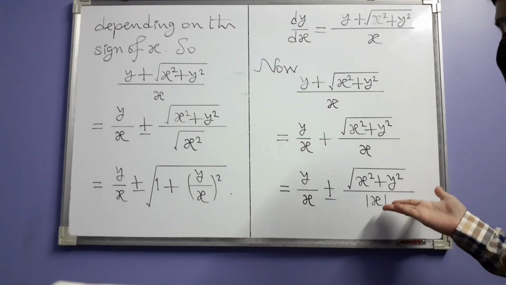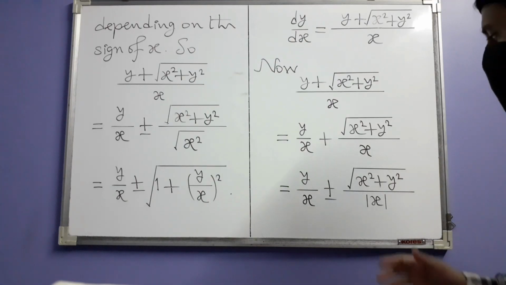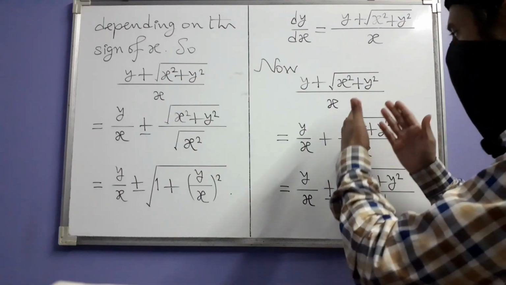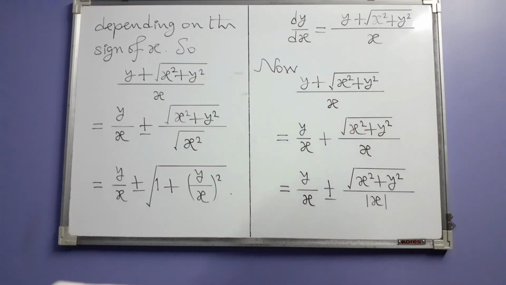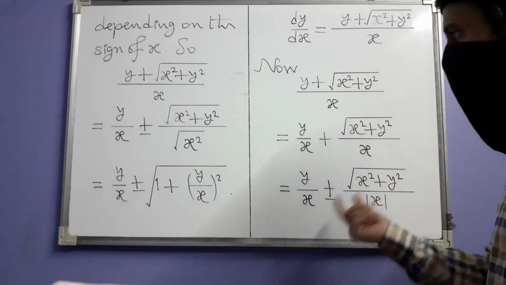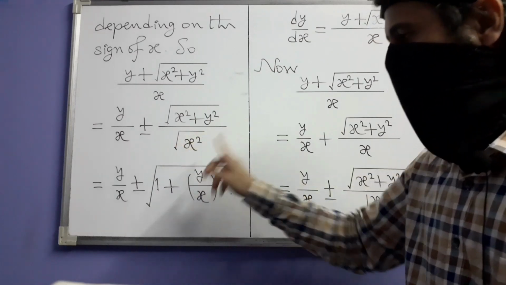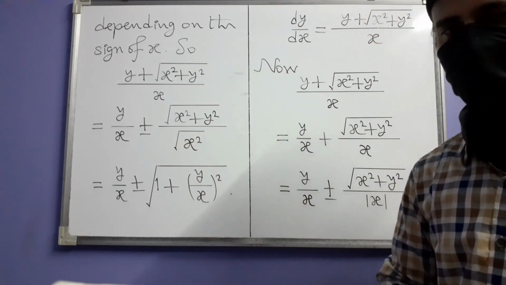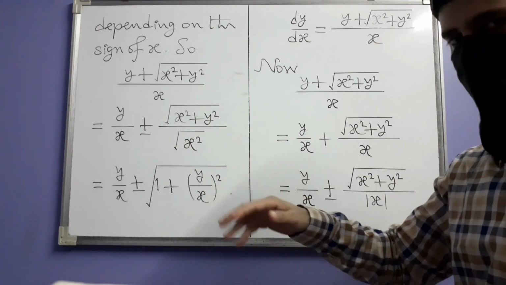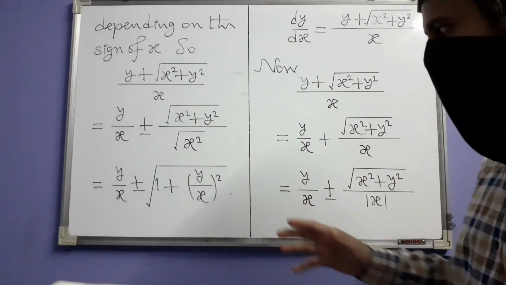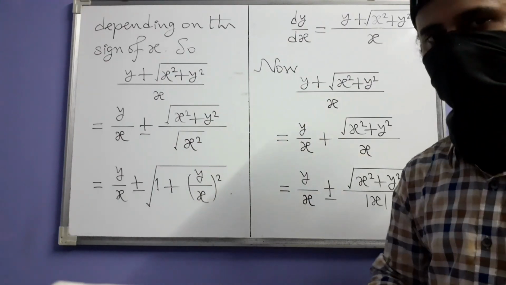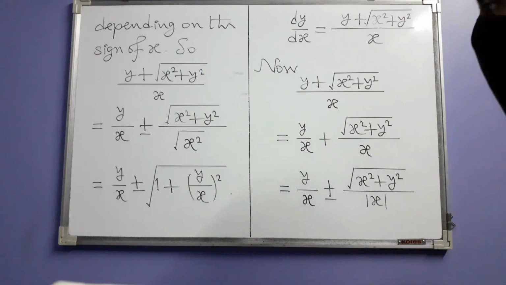But why did we introduce this mod x here? That is because we want to take the x inside the radical. And if you remember, mod x is actually equal to the non-negative square root of x square. I am not going deep into why this is equal to this. This you should know.